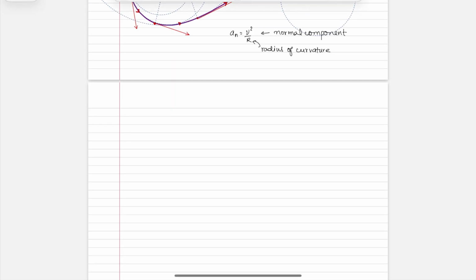So in some coordinate system, we have that a particle is moving according to x is equal to 2t squared plus 3t minus 1, and y is moving according to 5t minus 2. The question asks you to find the radius of curvature at 1 second.